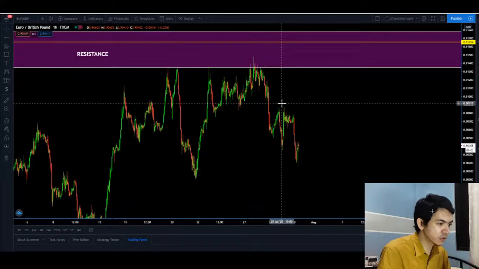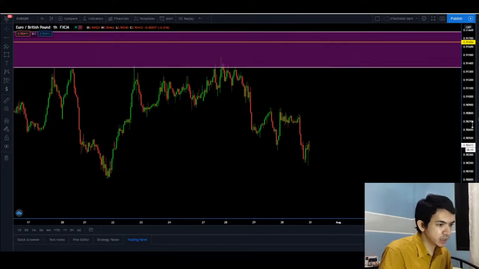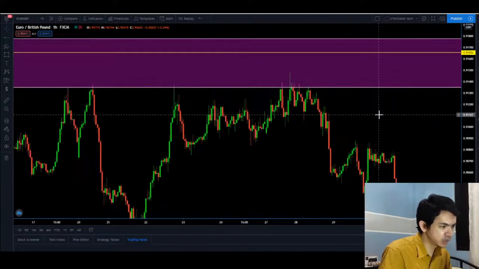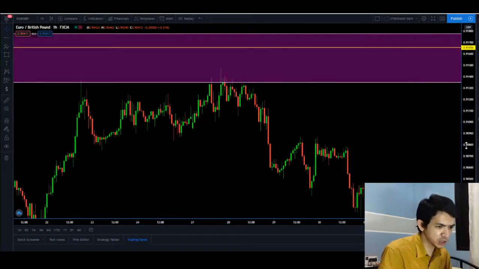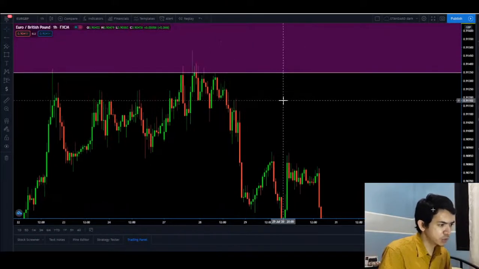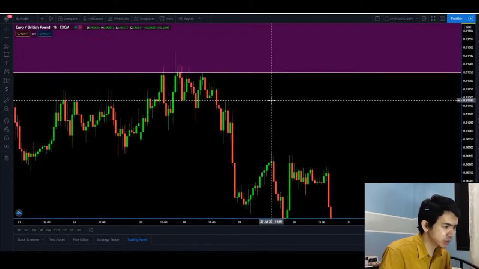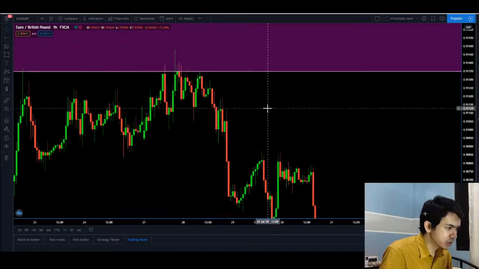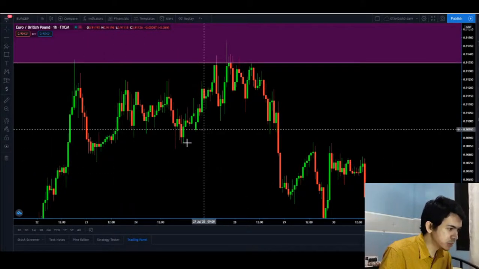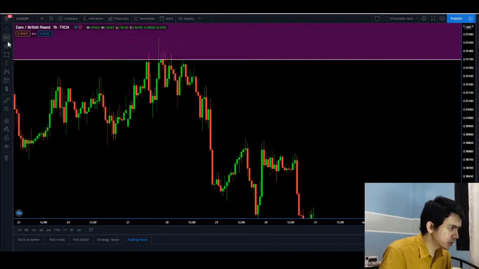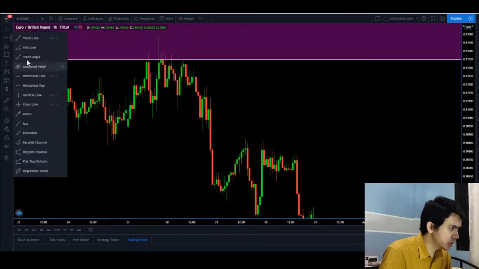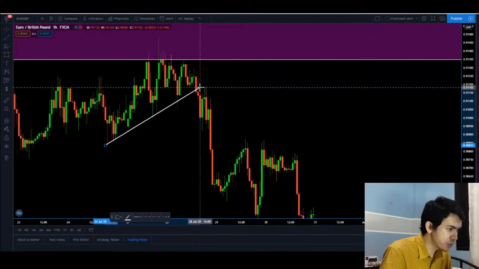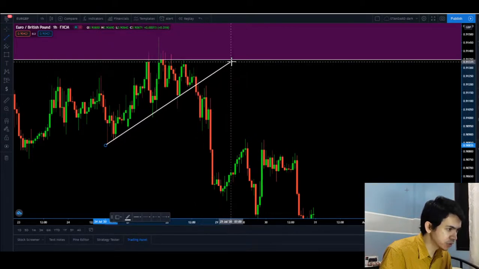So I'm eyeing for a short trade, and the reason I went to the lower time frame is for me to look for an optimal entry as much as possible, with a tighter stop loss required. The time the price was here, definitely there has been a trend line below that I needed to break as my confirmation.